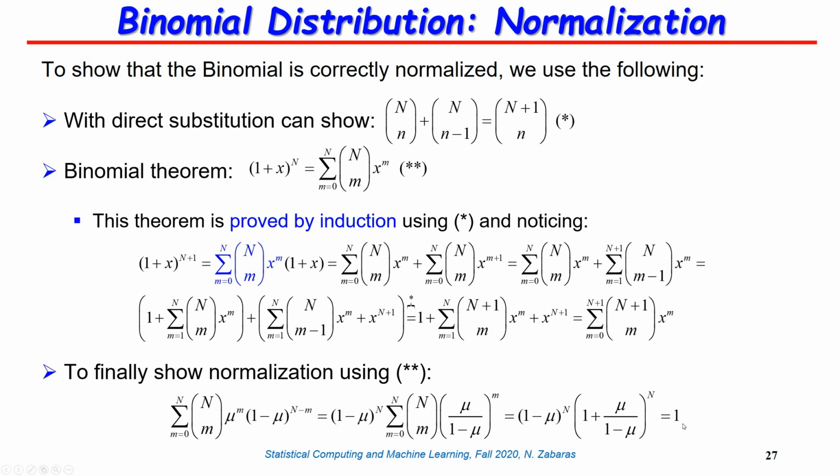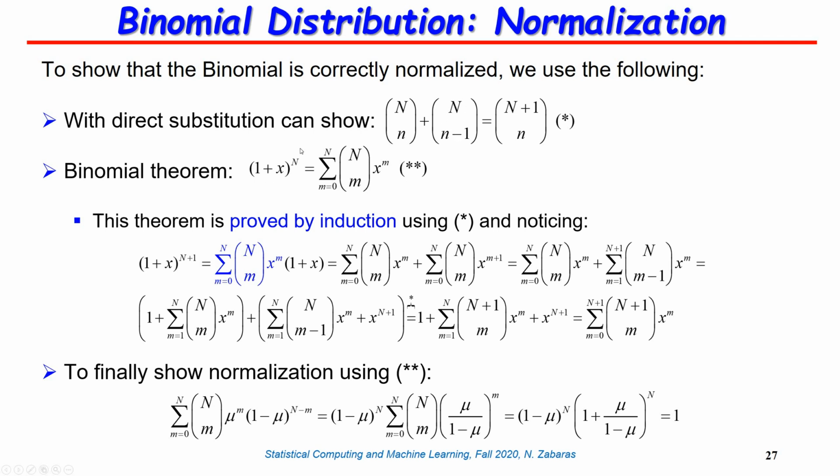You need to use two facts, right? So the proof is really on the bottom. One is this equation that you see on the top, that you can actually prove by direct evaluation of these two sums.